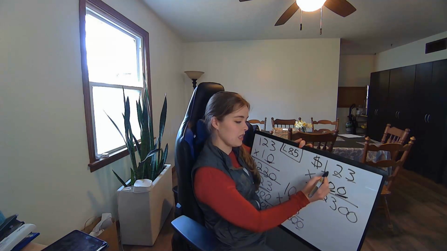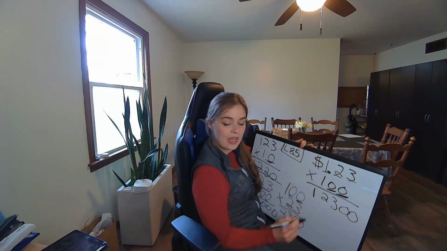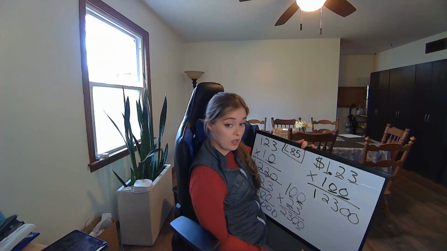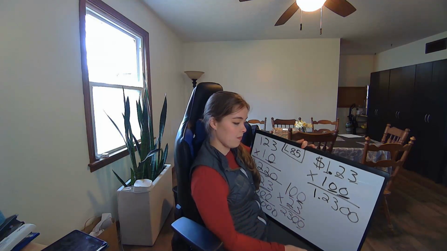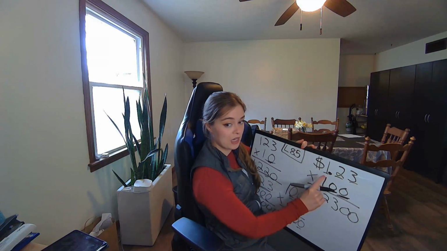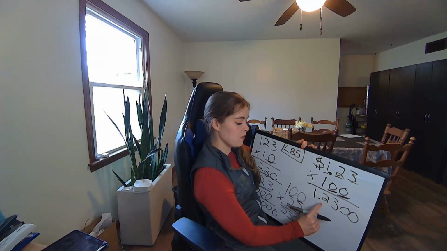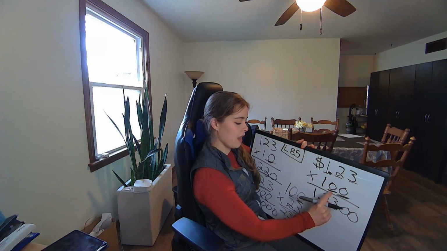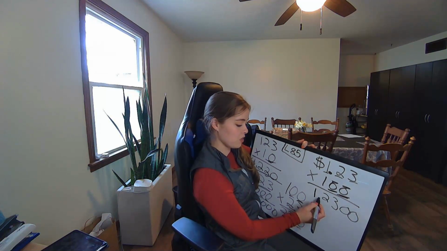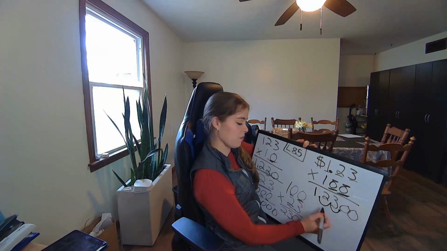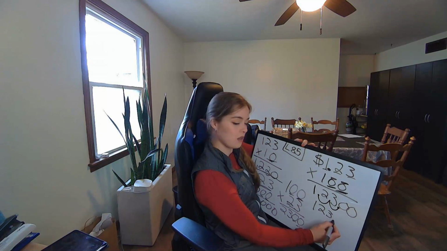Now, do you see how the decimal point was right here in $1.23? So let's bring it down here. Now, when we're multiplying by money, when we have that decimal point, we have to move the decimal point to the right however many times there are zeros. So there's 2 zeros here. So that means we're going to move the decimal point 2 times to the right. And what do we get there? We have $123.